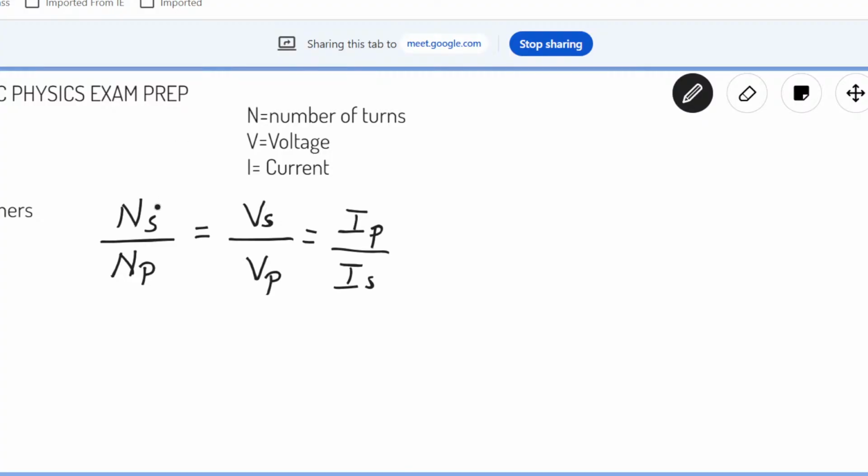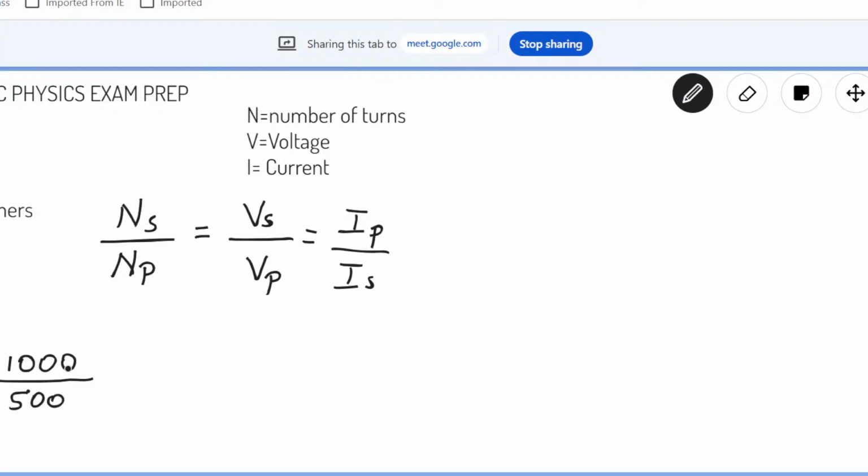Alright, so what this means, just looking at the equation, if you have 500 turns in the primary, so let's start with the primary. If you have 500 turns in the primary and you have 1,000 turns in the secondary, I'll show you how easy this is.